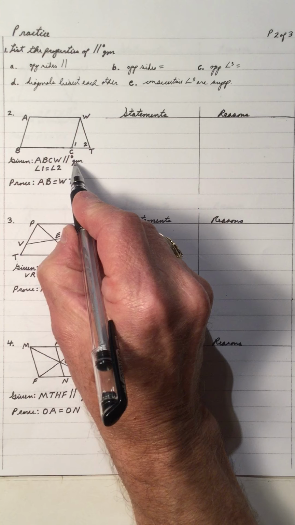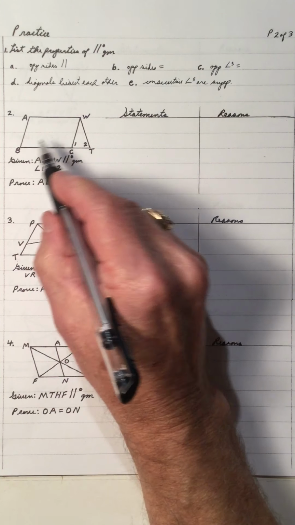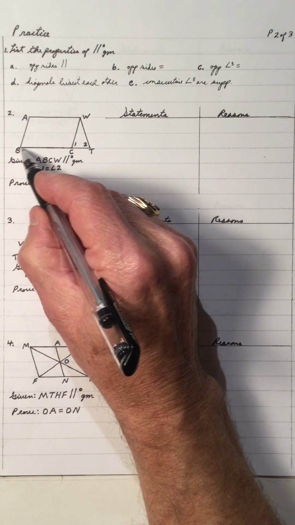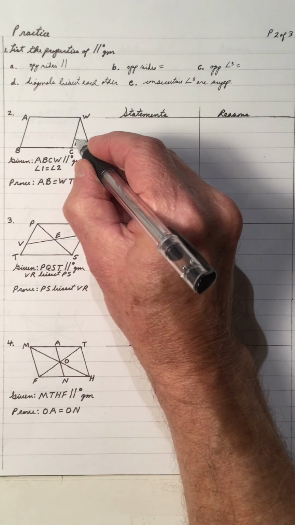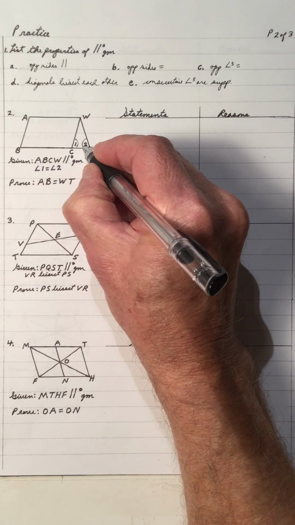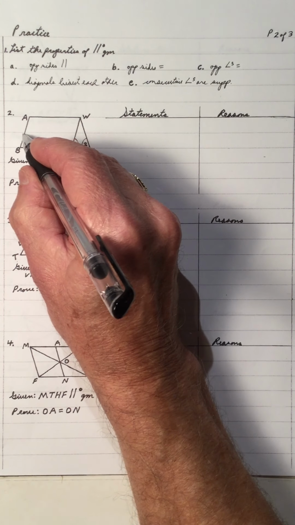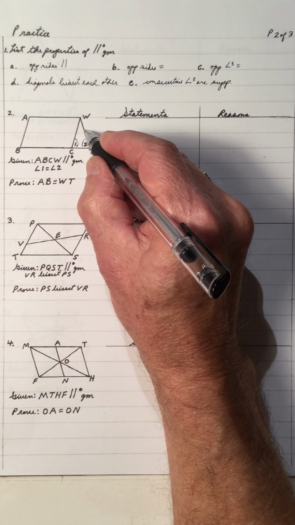ABCW is a parallelogram. Angle 1 is equal to angle 2. So here's the parallelogram right here. We got angle 1 is equal to angle 2. So how do we get that AB is equal to WT?